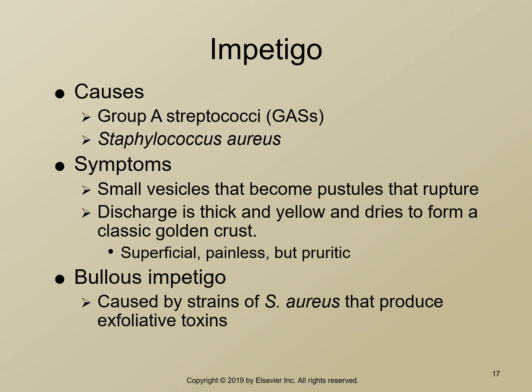The bullous form of impetigo accounts for about 10% of cases, and this is caused by strains of Staphylococcus aureus that produce exfoliative toxins, leading to the formation of bullae, which quickly rupture and form a transparent light brown golden crust. The diagnosis of impetigo can be made from a Gram stain and culture of the vesicular contents.